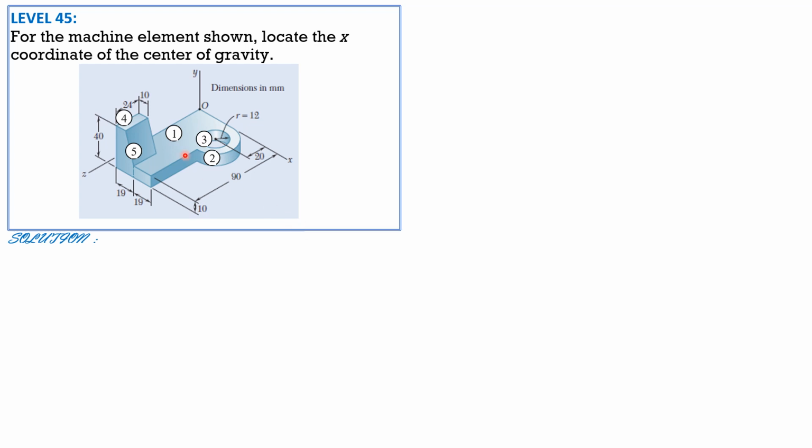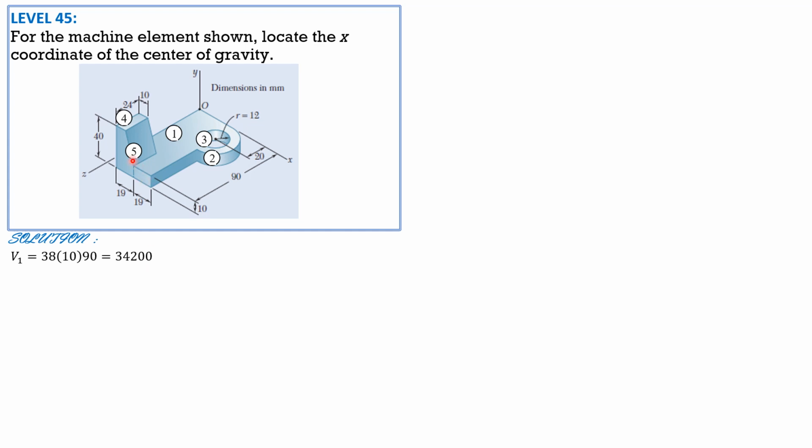Volume 1: along X the dimension is 38, 19 times 2; along Y it's 10; along Z it's 90. So volume 1 is 38 times 10 times 90, so 34,200 mm³.